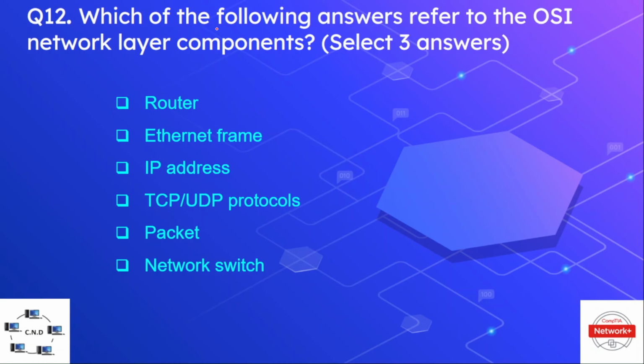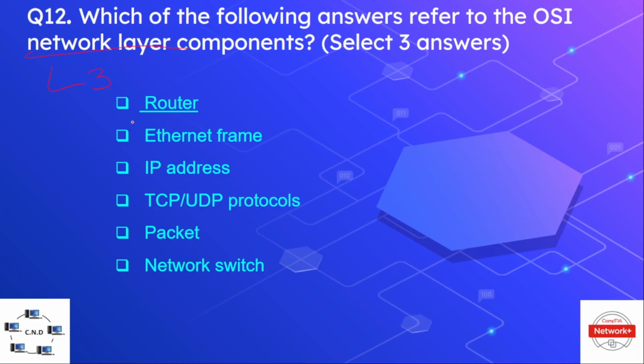Question number 12 is: which of the following answers refer to the OSI network layer components? And we have to select 3 answers, and the options are router, Ethernet frame, IP address, TCP UDP protocol, packets, and network switch. So here we are talking about the network layer or layer 3.